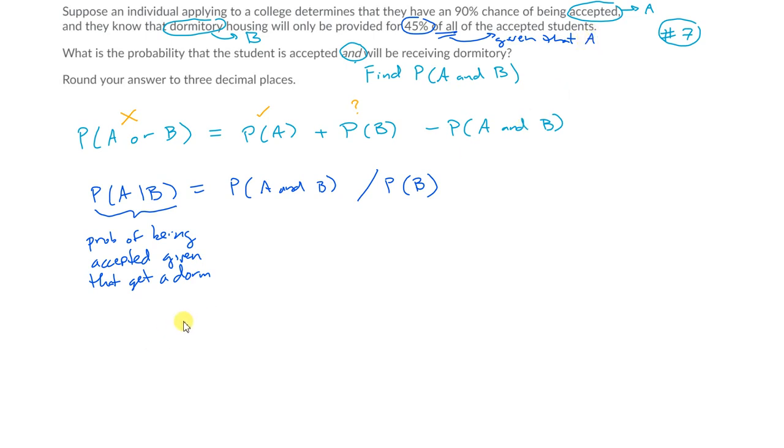So let's write the equation that way. I know the probability of B given A. Can we use that? Because that's going to be the probability of B, which is getting a dorm, given that you're accepted.